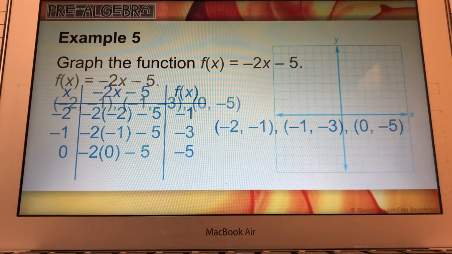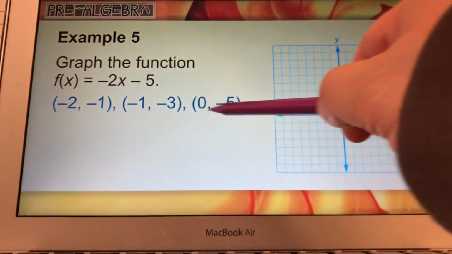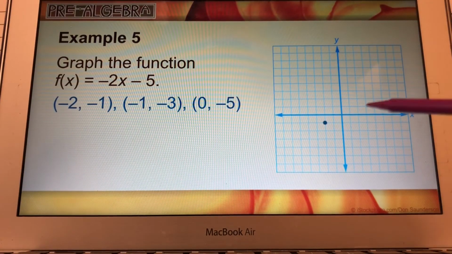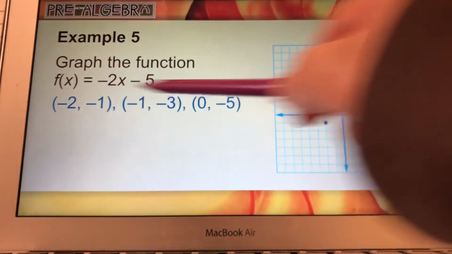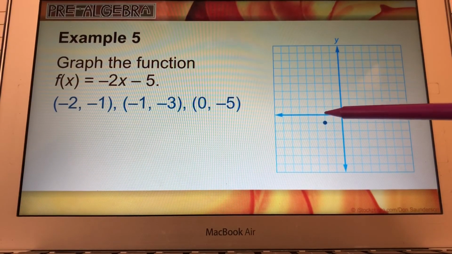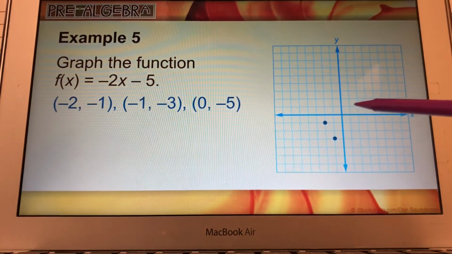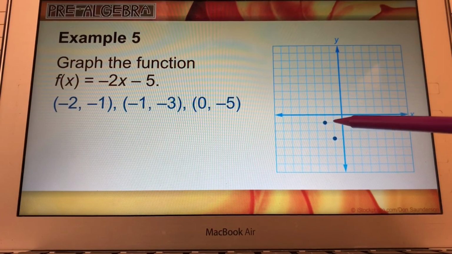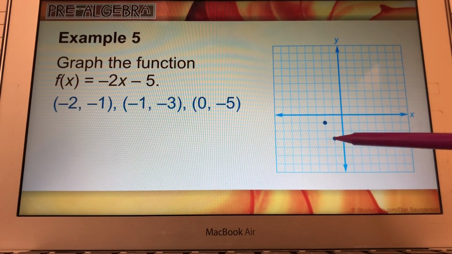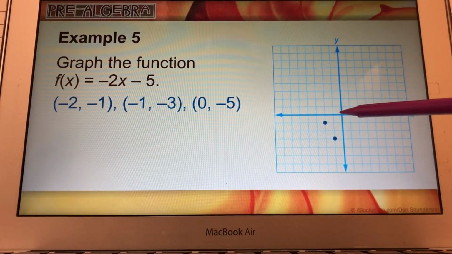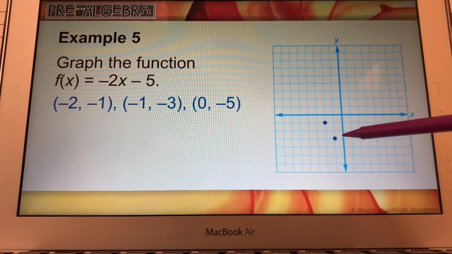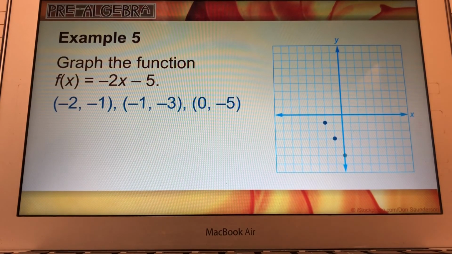And then I'm going to take these 3 points, or 3 ordered pairs, and I'm going to plot them on my graph. Negative 2, negative 1. Negative 1, negative 3. So negative 1 here, down 3. 0, negative 5.